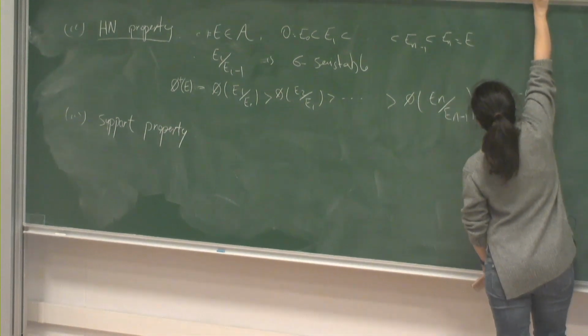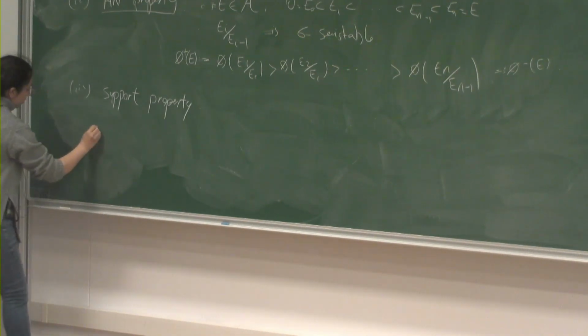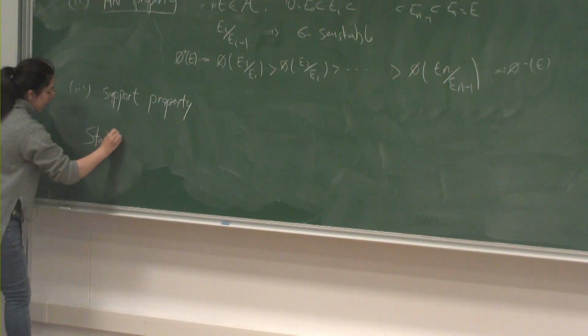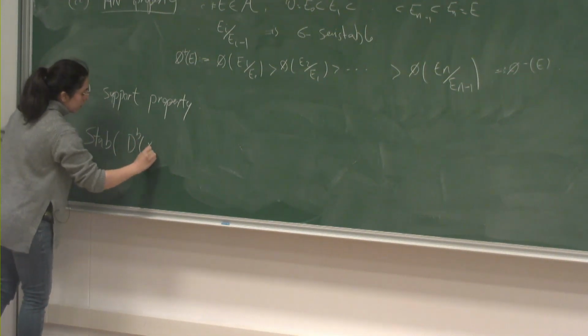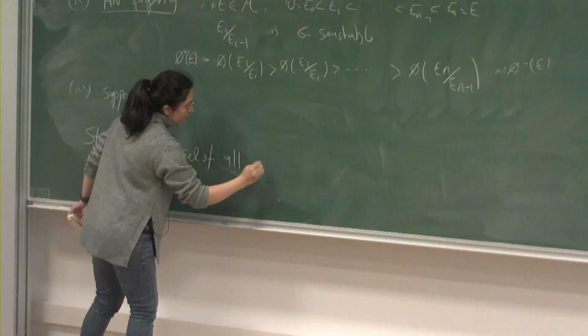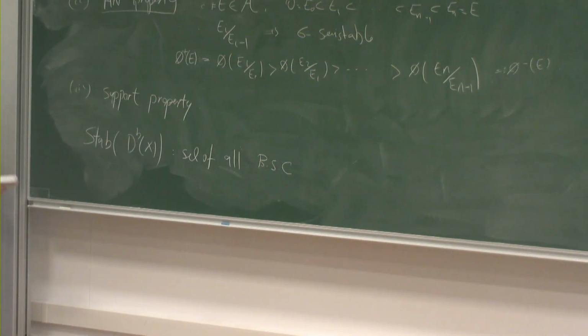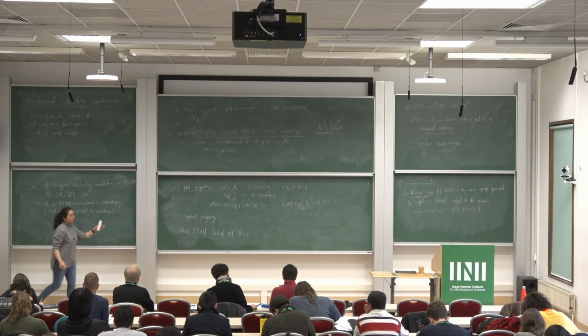That's why I gain a space of stability conditions. I denote it by Stab(D^b(X)) to be the set of all Bridgeland stability conditions, which means the set of all pairs A and Z which satisfy these three properties.